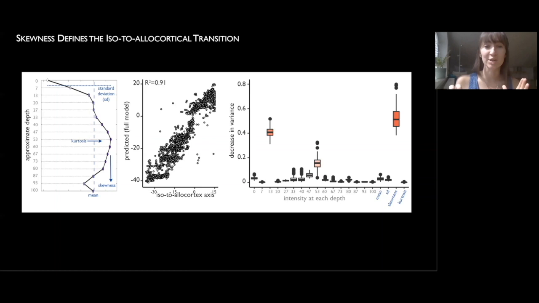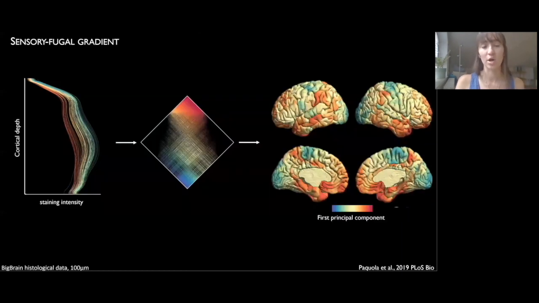This is an extension of that isocortical model into a deeper area of the limbic cortex. So we see that this axis of iso-allocortical transition is a continuation of that large-scale gradient that we saw across the whole isocortex. And to show this in another way, we tested whether this iso-allocortical axis is contiguous with the sensory-fugal gradient that had been proposed previously.